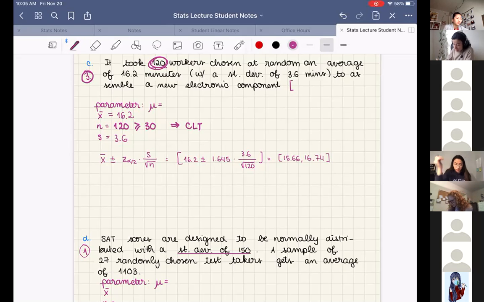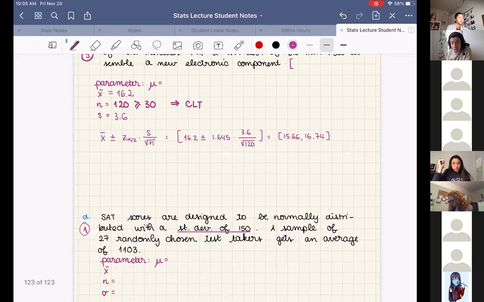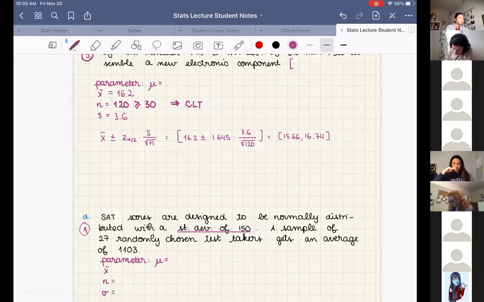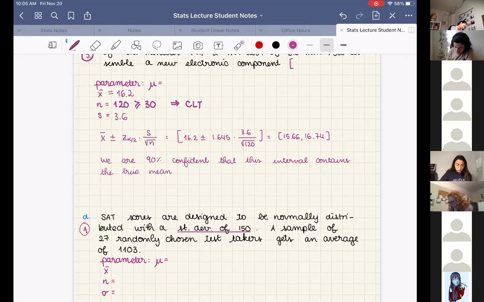And if I were to interpret this interval, and remember, you have to be very careful about how you interpret this type of interval, what you would get is that we are 90% confident that this interval contains the true mean. And the true mean of what?